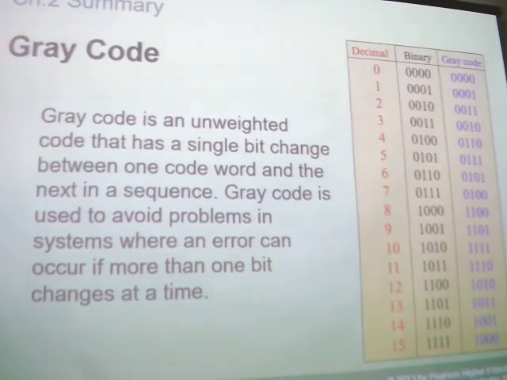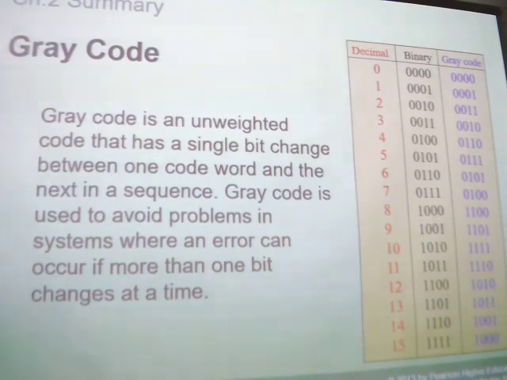Gray code. I won't introduce this code in detail. We only need to know this code a little. It is an unweighted code that has a single bit change between one code word and the next in the sequence.